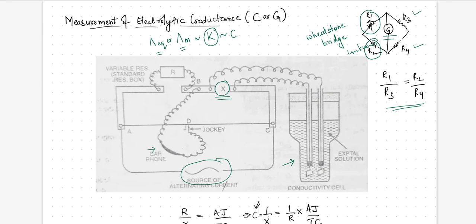In order to avoid that, because if electrolysis happens then the concentration of the electrolytic solution will change, we use alternating current as the source, and hence we cannot use our normal galvanometer. Rather, we use an earphone. We move this point till we get a minimum sound on the earphone. So this is the basic setup of the apparatus that we use to measure the conductance.